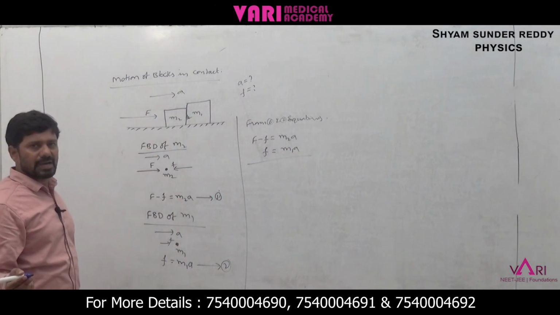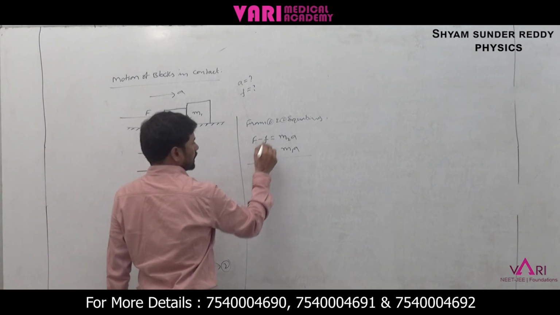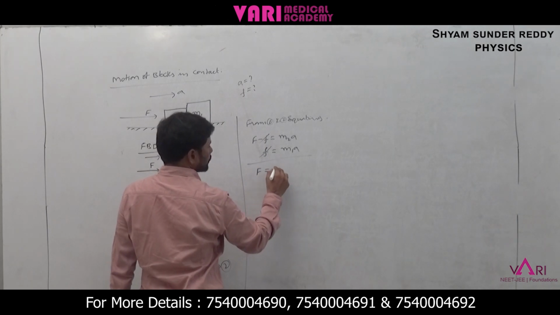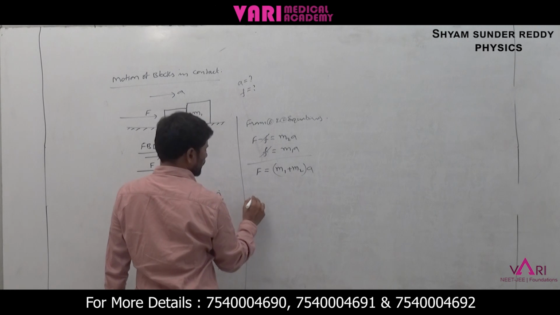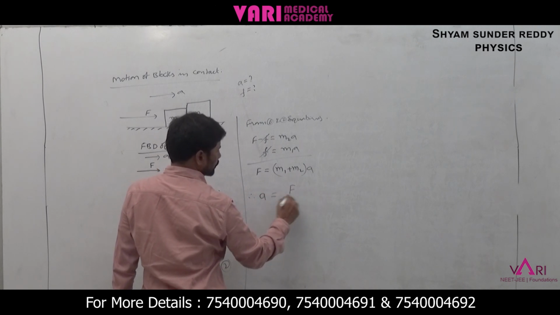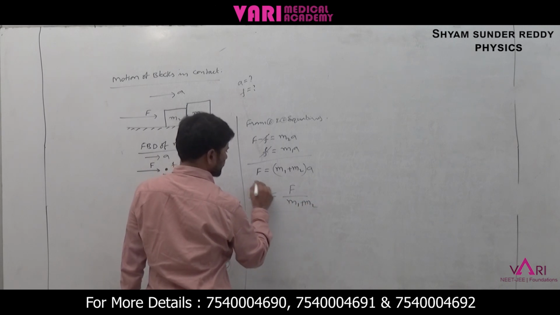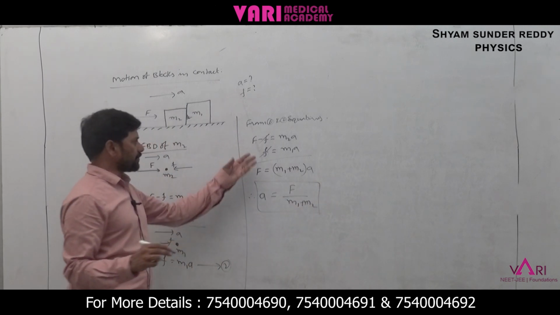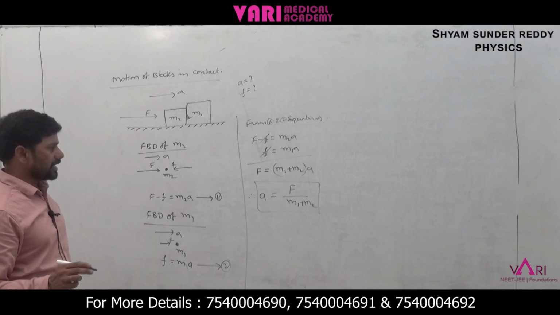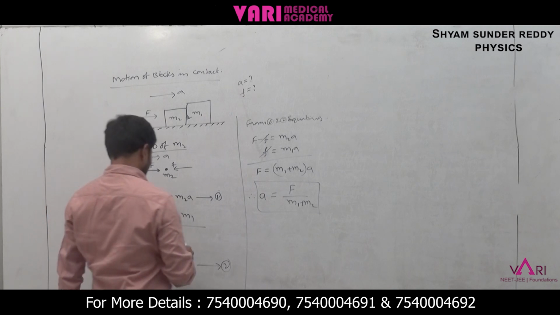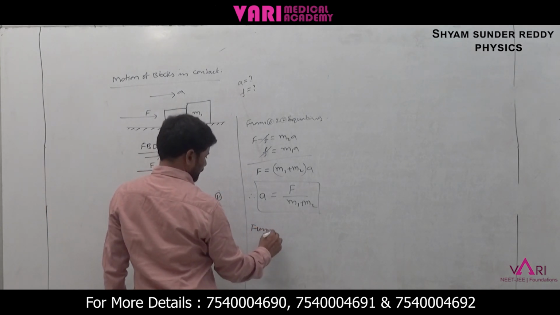Minus f and plus f will be cancelled. Then F is equal to (M1 plus M2) into A. Therefore, A is equal to F by (M1 plus M2). And what is f? Simple, f is equal to M1 F by (M1 plus M2), from the second equation.